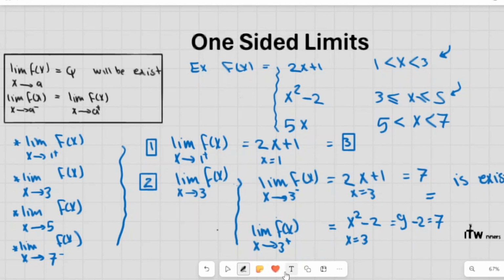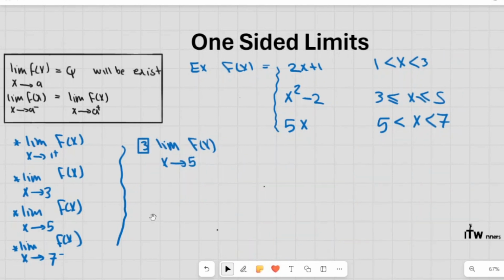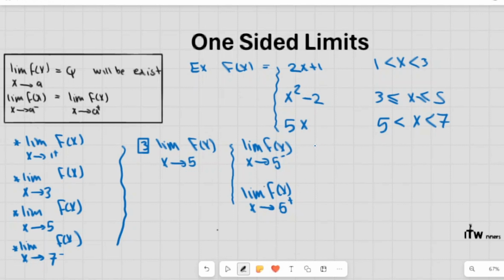Again with 5, limit f of x when x approaches 5. Again, this also will be divided into two directions. So we will find limit f of x as x approaches 5 negative, and here limit f of x when x approaches 5 positive. This is defined on this interval, so this will be equal to x squared minus 2, and here x to 5, so this will be equal to 23.